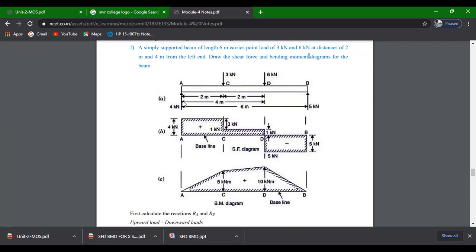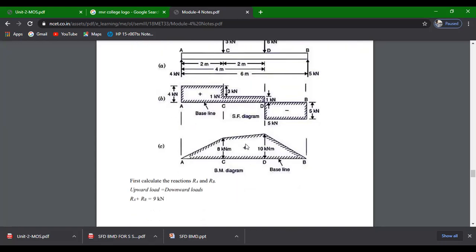We have only 4 kilonewtons force, and this force and that force are in equilibrium. So from 4 kilonewtons, it comes to 0. Okay, like this one, and this is the procedure of constructing the SFD.